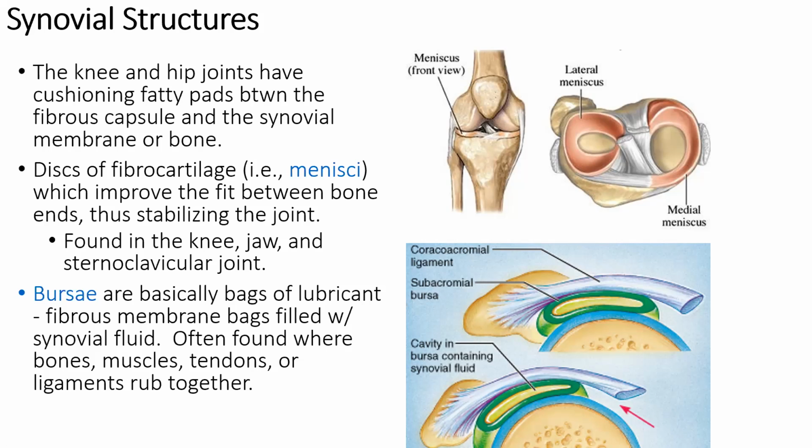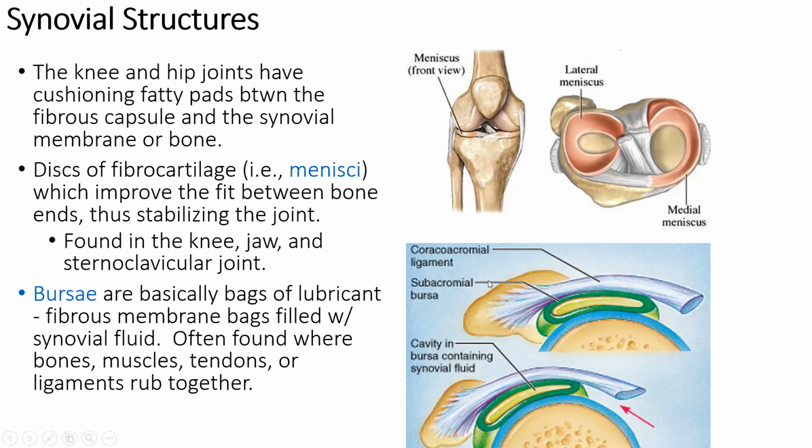They are bags or balloons or sacs of fluid that are embedded in the joint to work as an additional friction fighter. Wherever bones and muscles and tendons and ligaments run together, we're going to have this extra protection with these sacs of bursa fluid or bursa sacs.